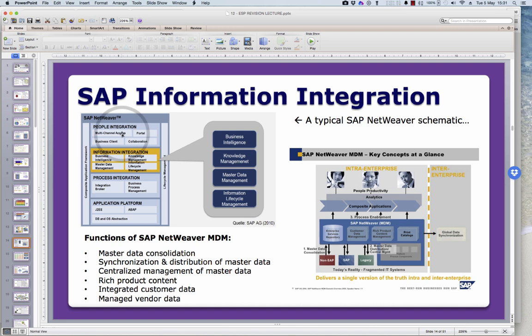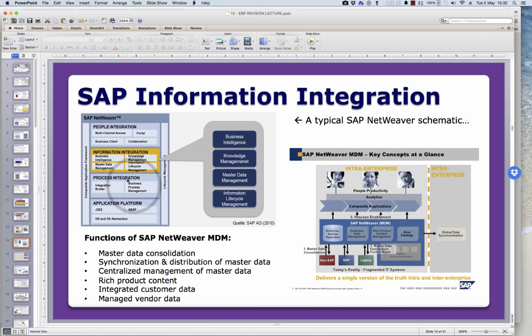That allows you to access a portal via a whole series of devices, through the internet, through mobile, through a client server system, for example. So there are these 4 main areas, and then you have lifecycle management, which we just covered, and a similar thing, and composite application framework, which we covered before.